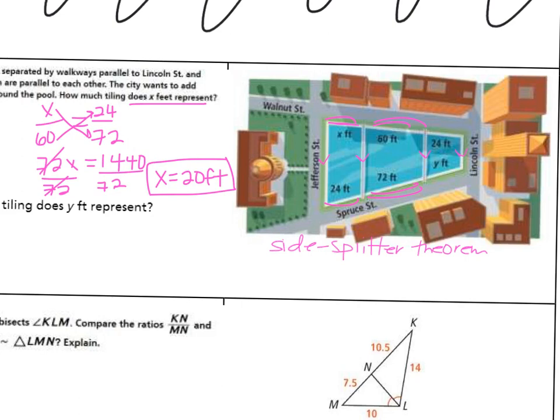How much tiling does y feet represent? Well, if we take a look at our picture, y is in a different location, but we get the same type of setup. So now y is down here on that bottom right-hand side. So we can do kind of that same idea. If we set y over 72, that will be the same as 24 over 60.